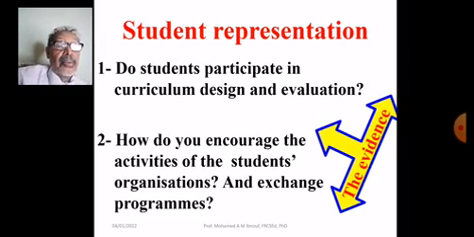And how do you encourage activities of students, organizations, and exchange programs? Yes, there are two types of budgets in the faculty budget for the student support and for enhancing the student learning and exchange programs, and they are well regulated and supervised by the GEMICs.